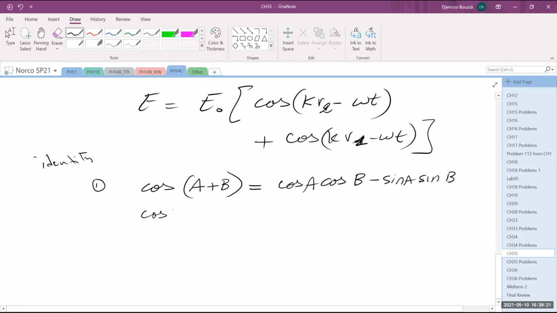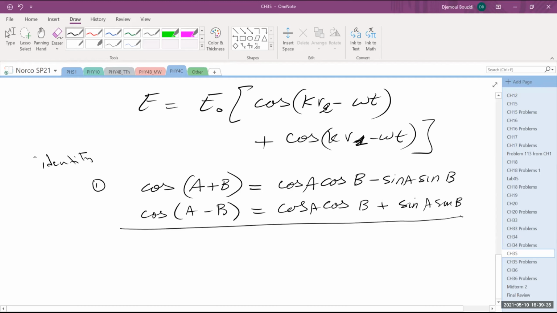And also, cos of A minus B is cos A cos B plus sine of A sine of B. If I sum these two side by side, the sine terms cancel, and I end up with 2 times cos A cos B equal to cos of A plus B plus cos of A minus B.